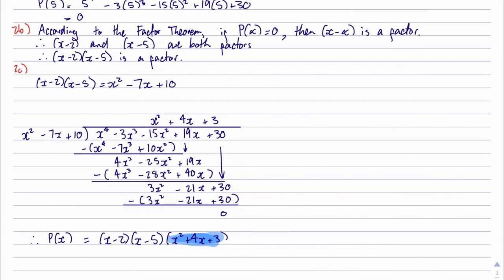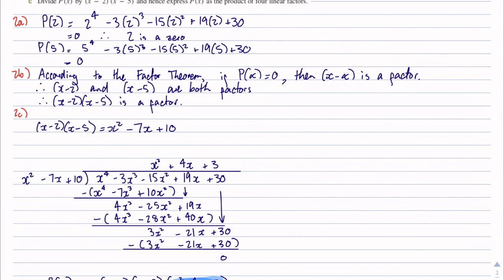What times to give the last number that adds to give the middle number? 3 and 1. So we've got x take 2, x take 5, x plus 3, x plus 1. There we go, we've sketched it. Do we have to draw it? No, we've sketched it. And that's 4 linear factors. Done.